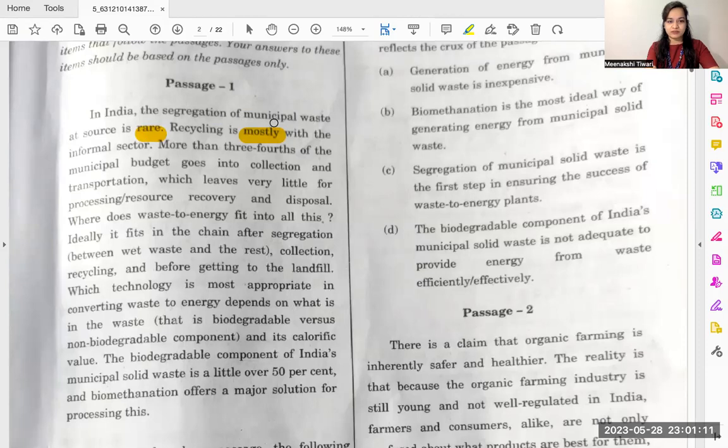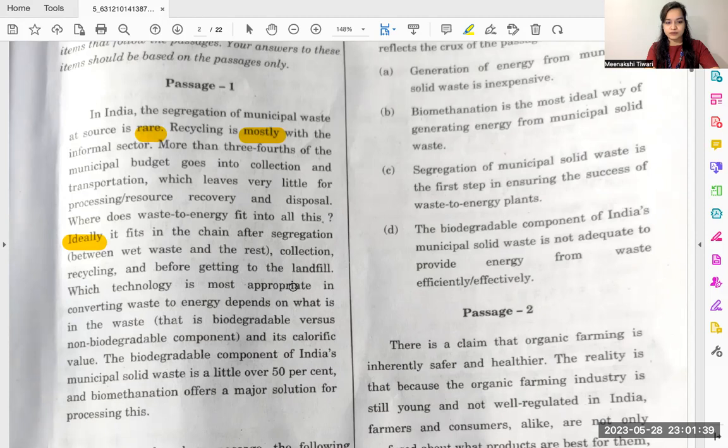The segregation of municipal waste, rare, recycling mostly with the informal sector, more than 3/4 of the municipal budget goes into collection. Kiska budget? Municipal budget, which leaves very little for recovery and disposal. Where does waste to energy fit into all this? Ideally, an important indicator, it is not always, it's in ideal situation, it fits in the chain after separation.